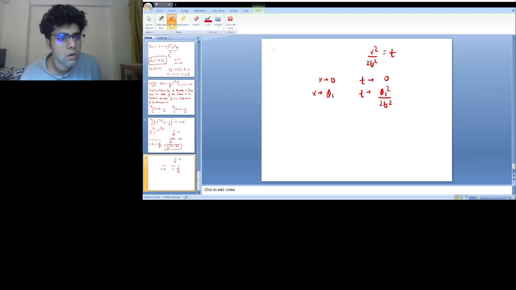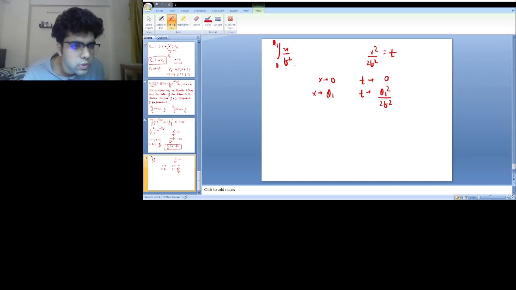And now my integral, which is from 0 to Q1, I've just taken the b square inside so that my calculation comes easier. It was x upon b square e to the power minus x square upon 2b square dx. This was my whole integral.